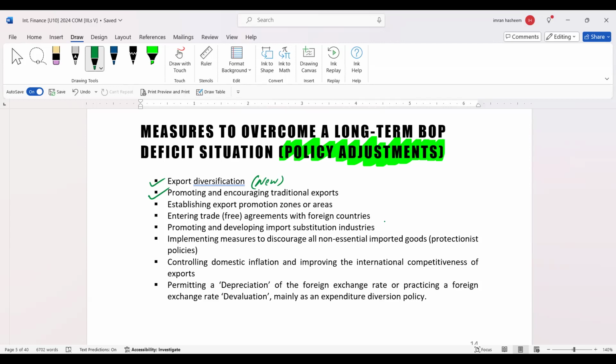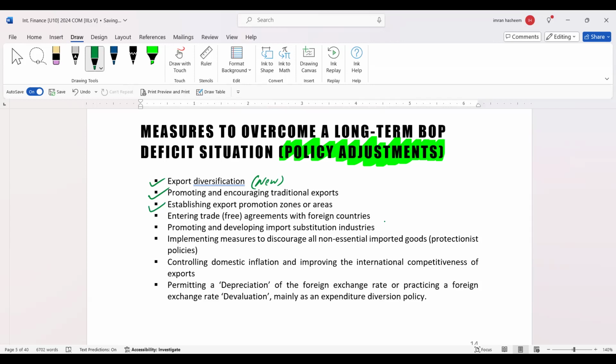As I said earlier, the facilities, infrastructure is given, and all the other ancillary services they need are in one place. This is to reduce cost and make production more efficient, targeting not the Sri Lankan market but the export market. So we can establish more export promotion zones as well.